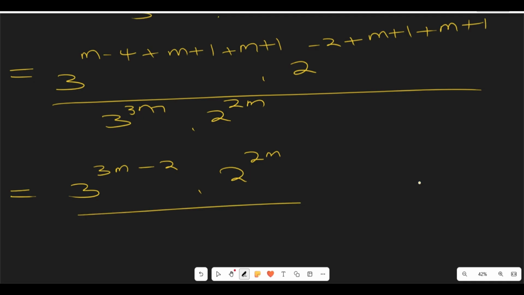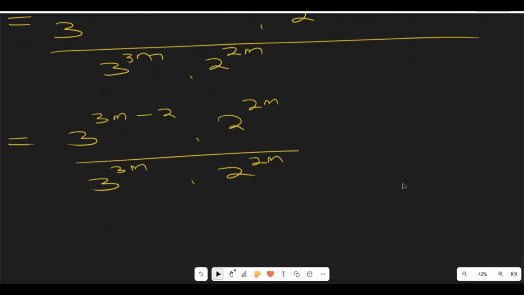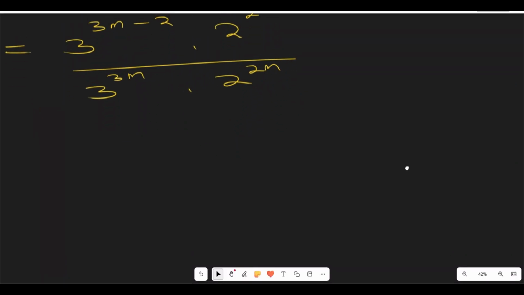So now we'll try to bring the denominators to the numerators, by using negative powers to bring them on top, so that we don't struggle with a lot of these things. You only do that when it's actually multiplication.